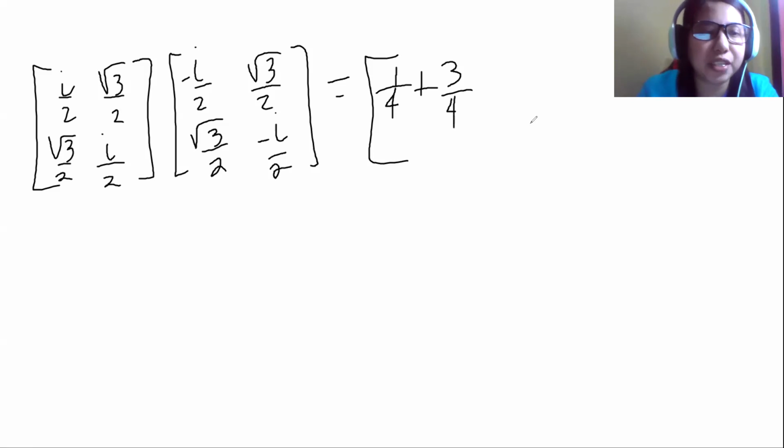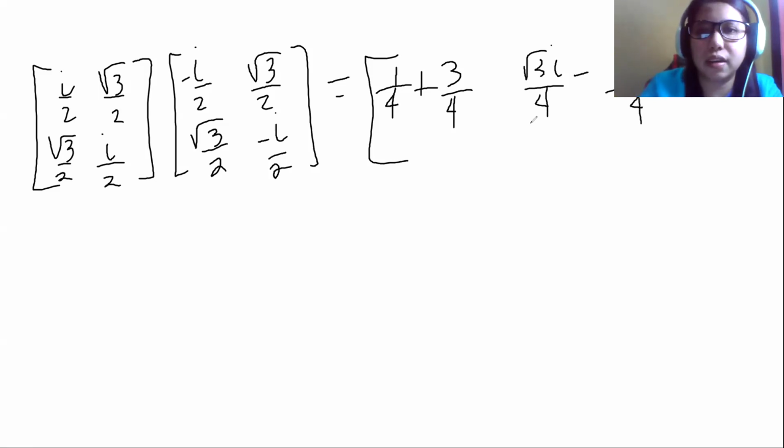So we have 1/4 plus 3/4. So next, so we have square root of 3i over 4 minus square root of 3i over 4.